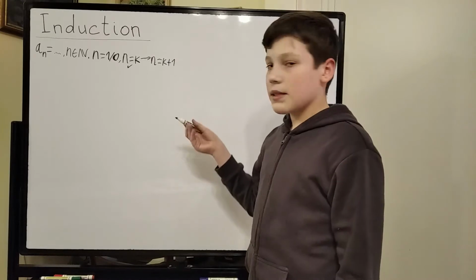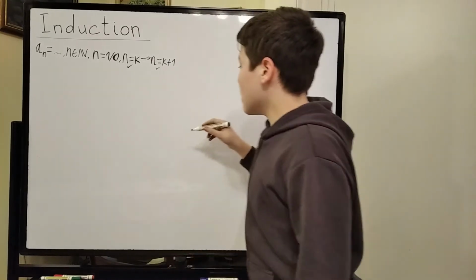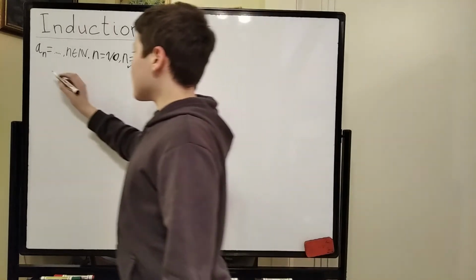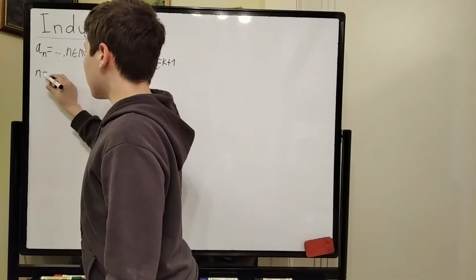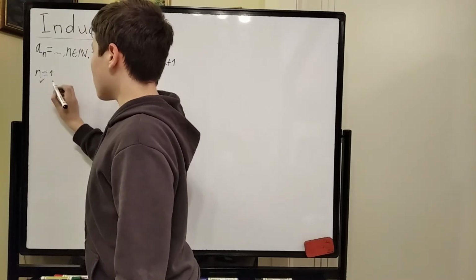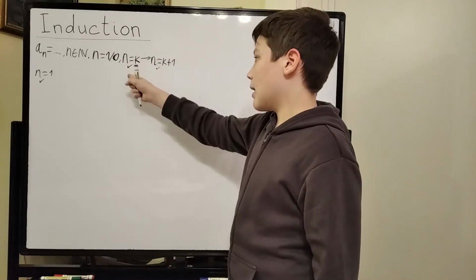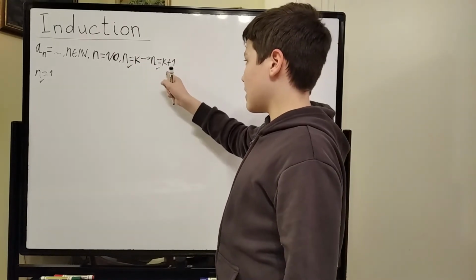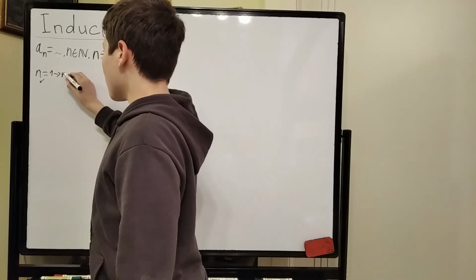Because now, think about it. Say your base case is n equals 1. Well, you know that's true. But then you know that that implies that n equal to 2 is also true.